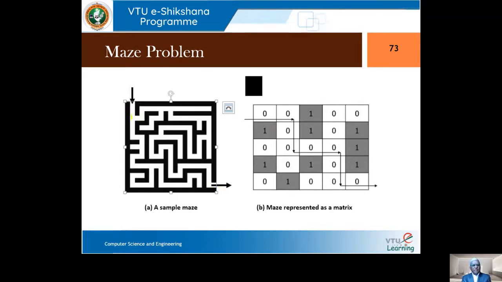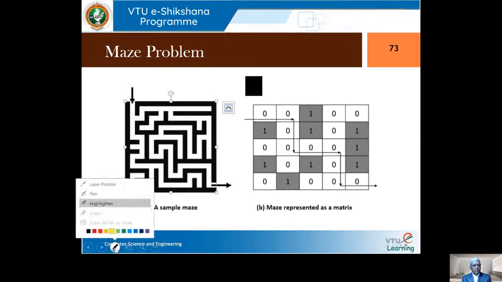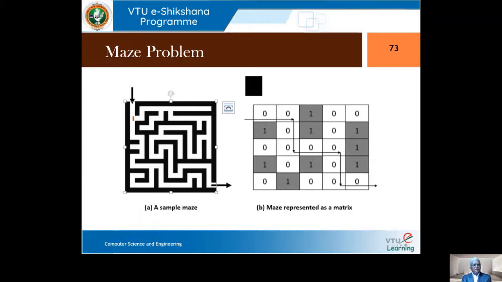For example, it can enter here and it can go like this. I'll just draw this for you. Supposing it takes a path like this, and let's say it goes like this, it goes like this, and because of these openings, it can actually move.